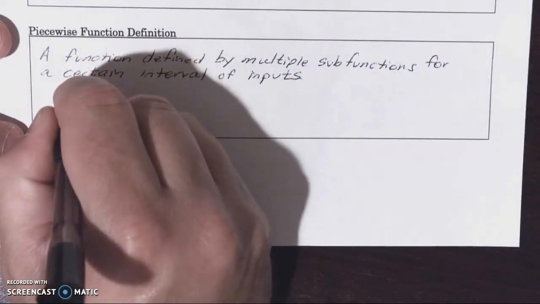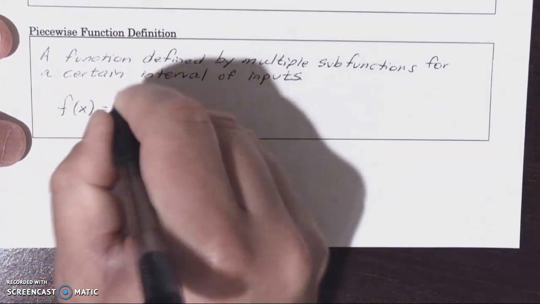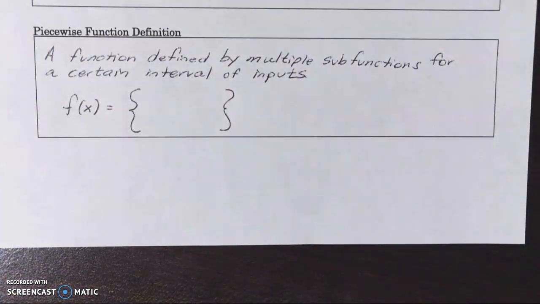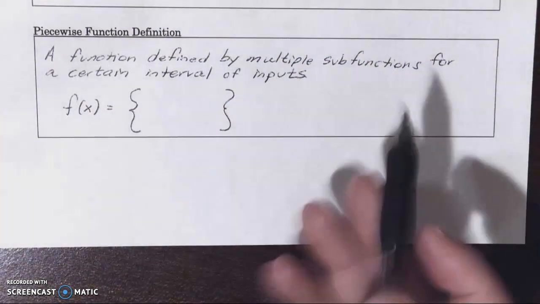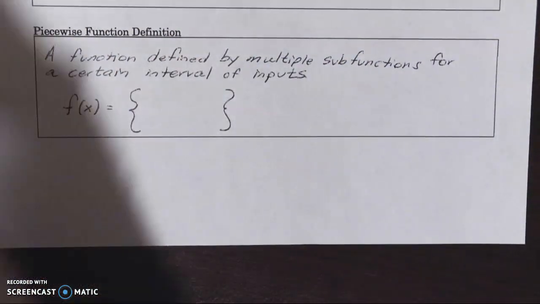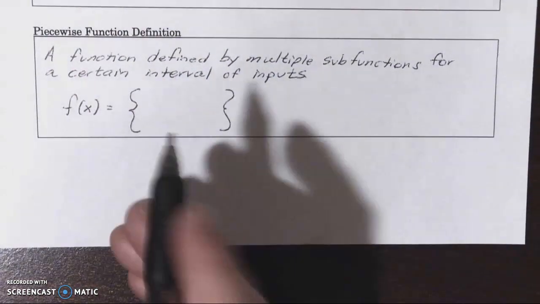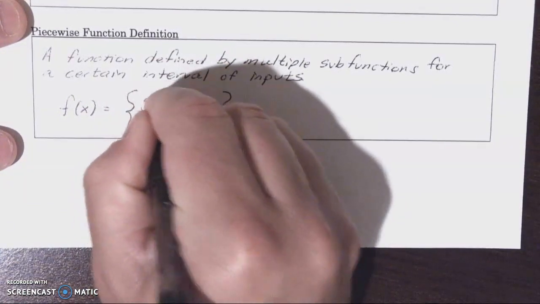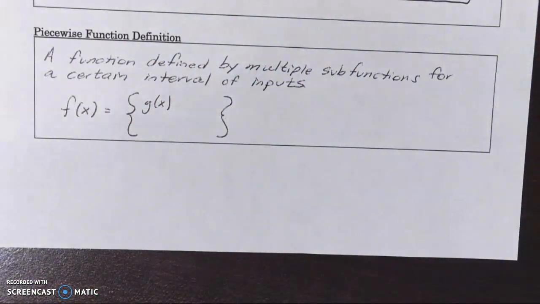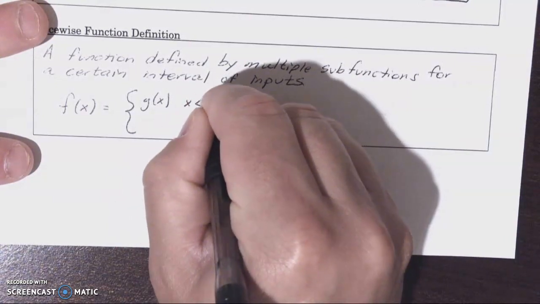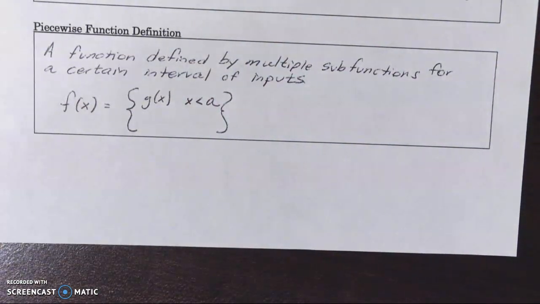All right. So a lot of times as we teach things in math, we like to think of things generally. So the way you might see a piecewise function is with f of x equaling, then we get the set of brackets that will basically define our piecewise function in each piece of the function, the subfunction. So generally speaking, you would see, all right, f of x is going to equal this function, but only when x is, let's say, less than some real number a.